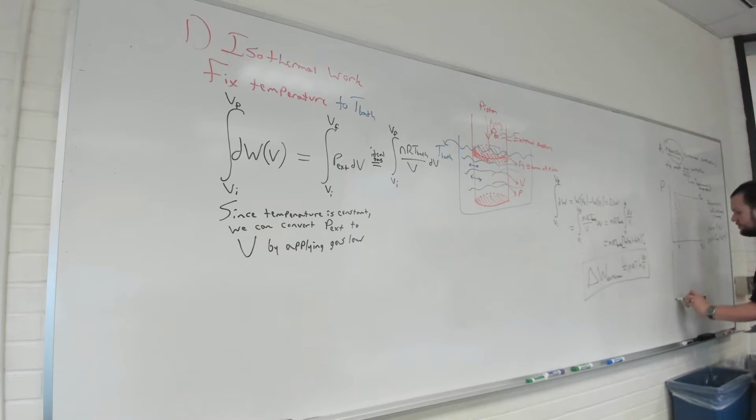Now let's look at a reversible expansion. Same graph. I'm going to draw it in black this time. Something like that. Now what we're going to do in a reversible expansion, this is irreversible, and we'll do reversible here. We're going to move the volume tiny amounts and let the pressure equilibrate.